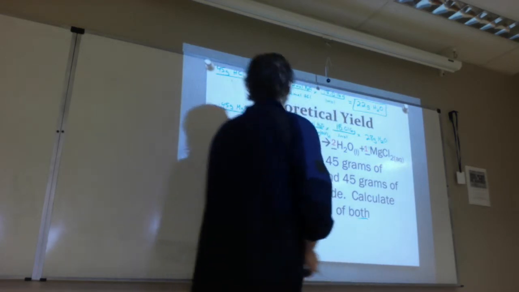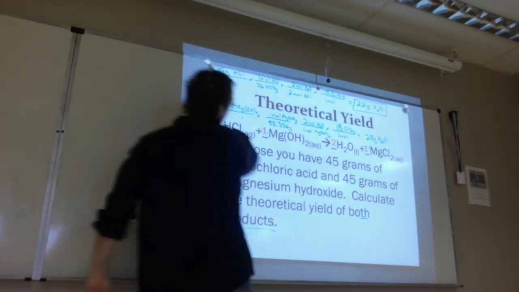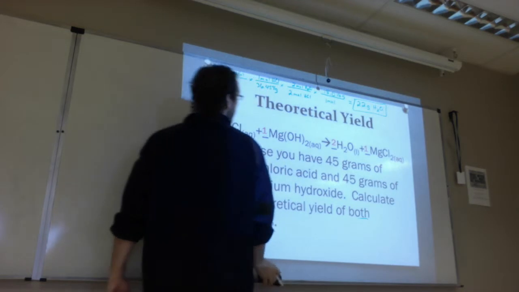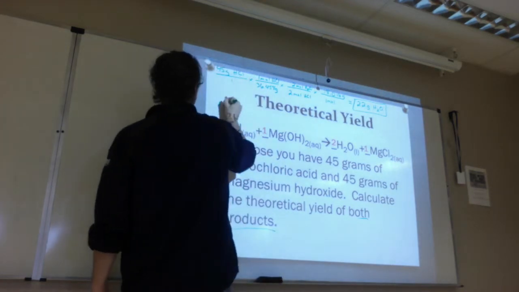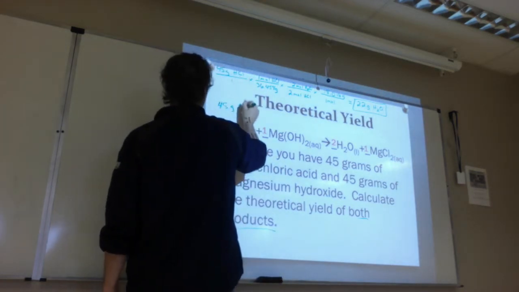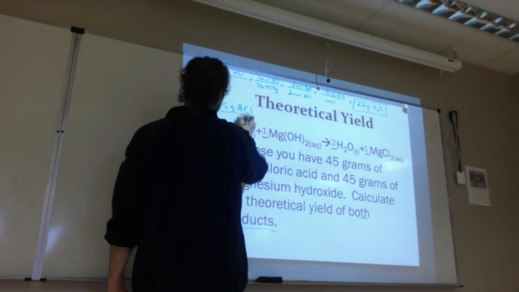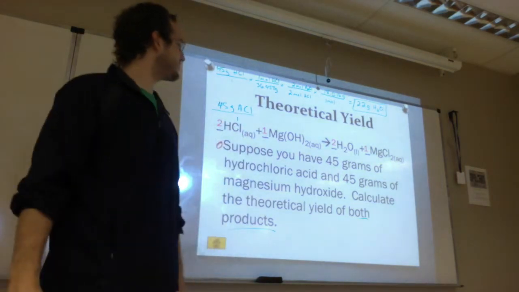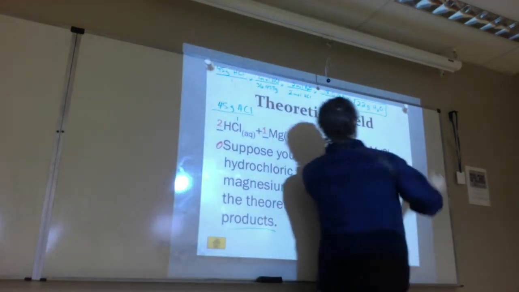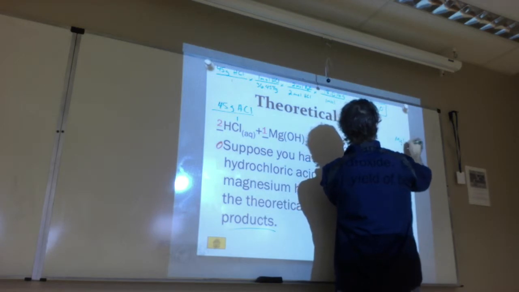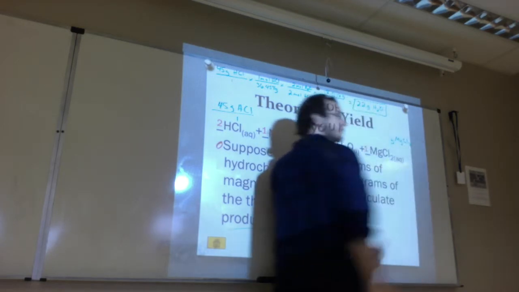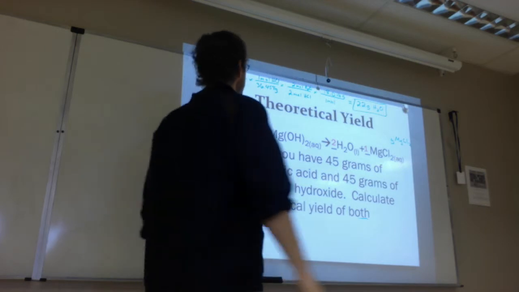Okay. Well, we know this is going to be excess, so we're not actually going to get that much. Can we use the boss? Because the boss is always in charge. Can we use the boss to solve for our other final product? You should start with moles. You could.